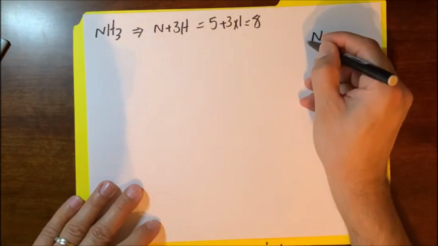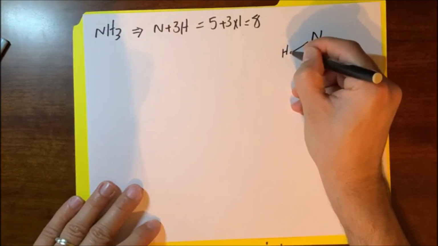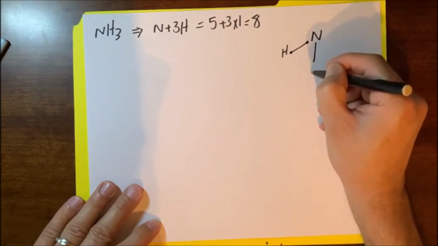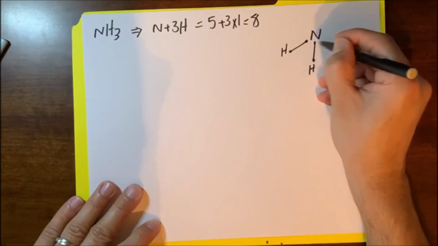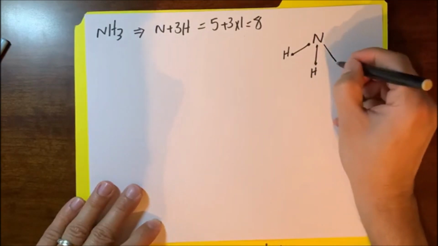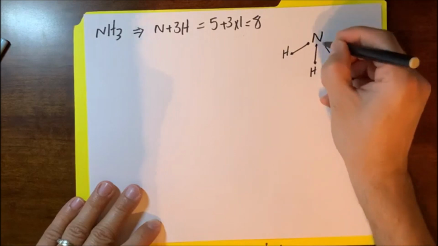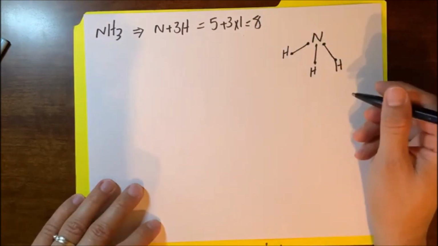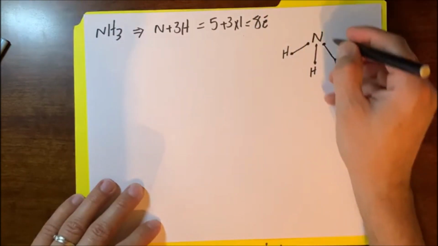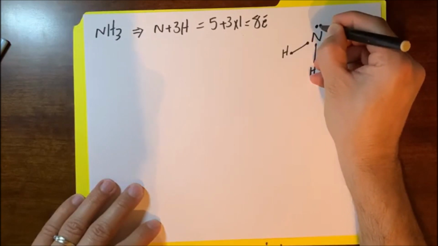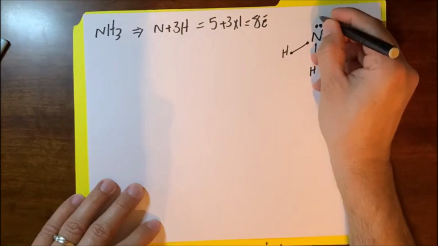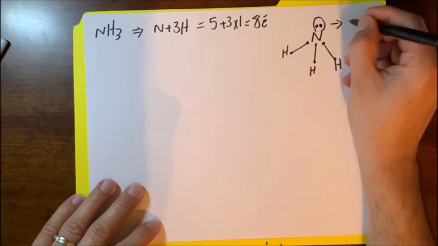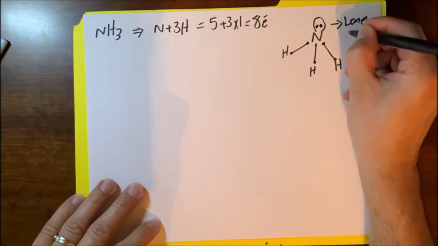So here, 1 bond. This is the second bond, and that one is the third bond. So out of 8, we use 6 of them. We're left with 2 electrons. We give them to the central atom. We call this one a lone pair.